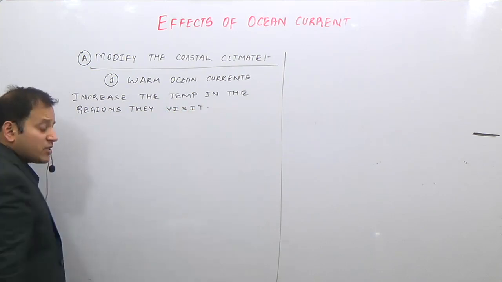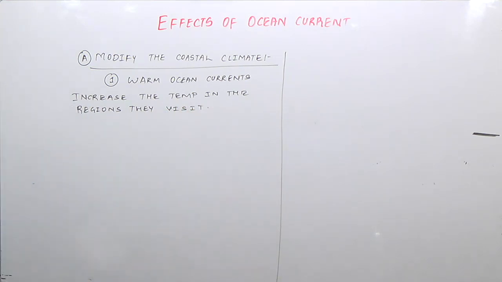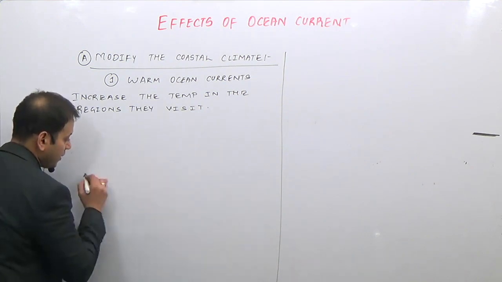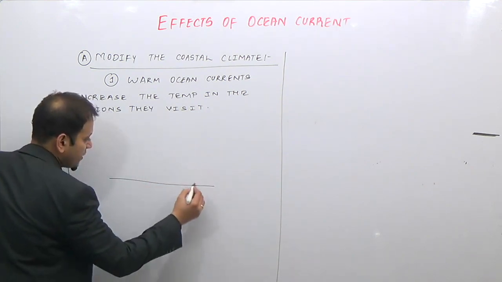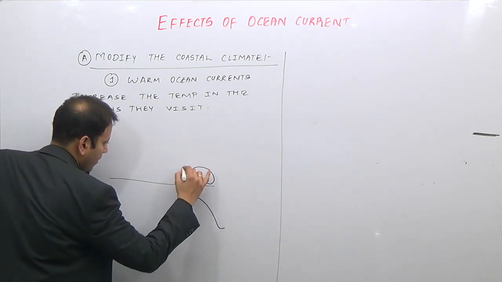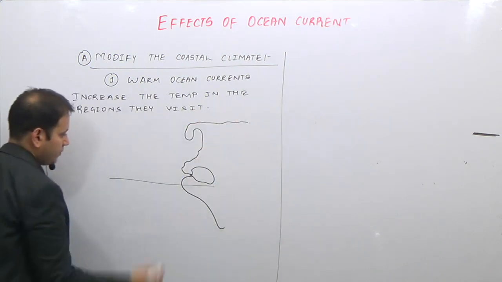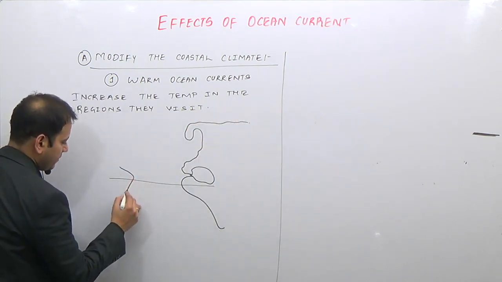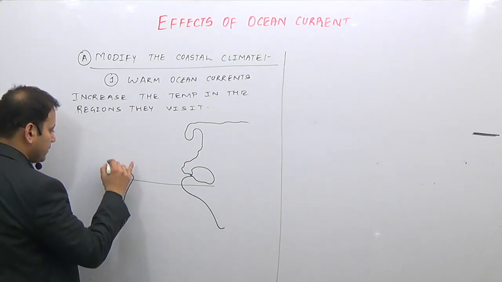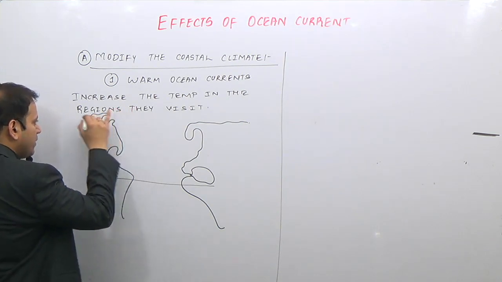So now let us look at the regions where these warm ocean currents will be visiting. For example, we are doing the Atlantic Ocean region, and if this is South America, the Gulf of Mexico region, and the northern coast of America.